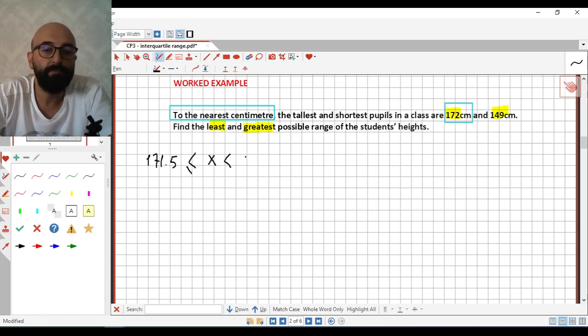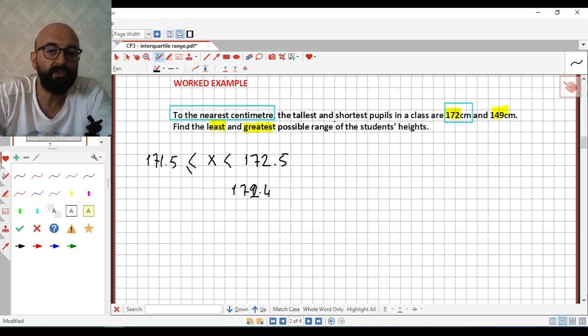And it might be up to 172.5, because, for example, if the pupil height is 171.4 or 172.4, we can round to 172.